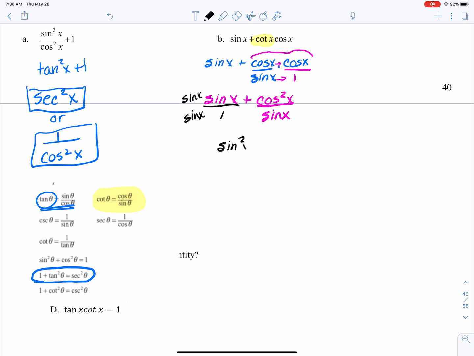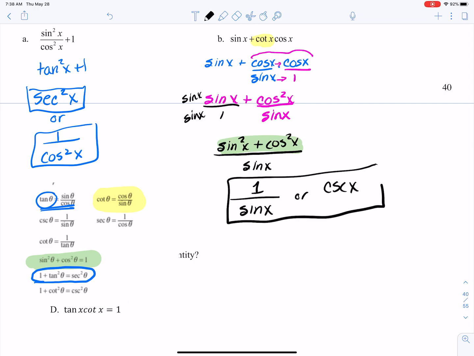So I have sine squared x plus cos squared x all over sine x. And if you look at your identities, we can see that this is the same as this, so I'm allowed to replace it with 1. So my answer is 1 over sine x or cosecant x. Because the question asks as a single trigonometric ratio, those would both be suitable answers.